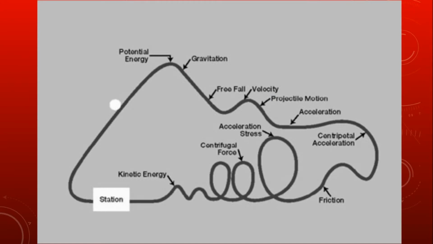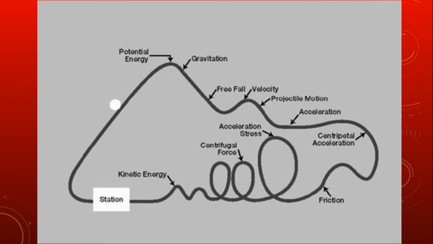And how do these concepts translate into your challenge to design a roller coaster that provides a thrilling experience and is safe for riders? Well, as we analyze some of those things that we've been thinking about, potential energy, acceleration, friction, things that I want you to think about: the first hill must be the highest point of the roller coaster.